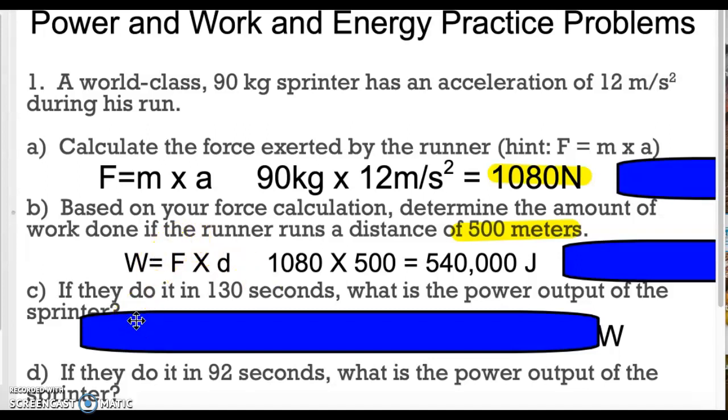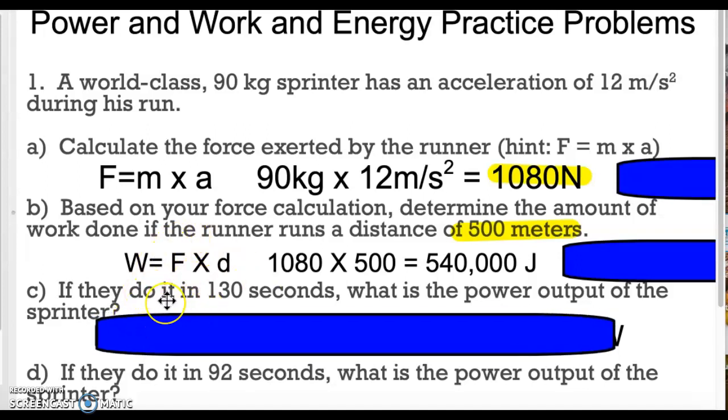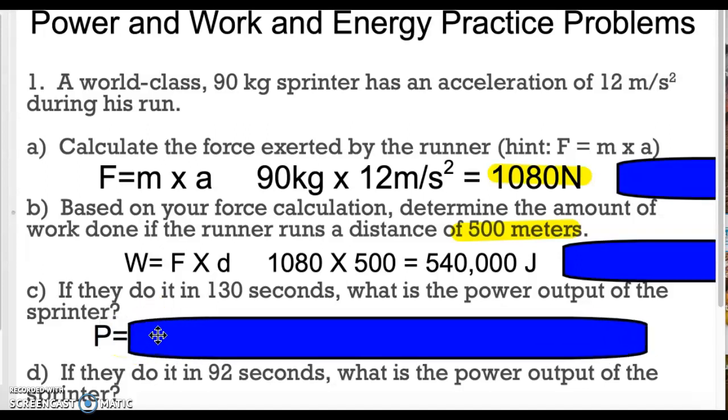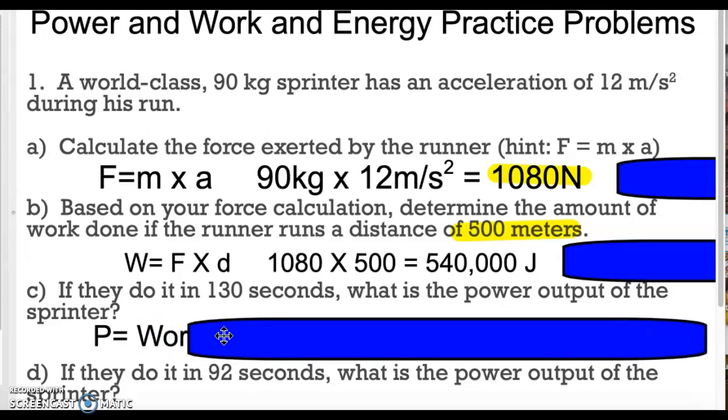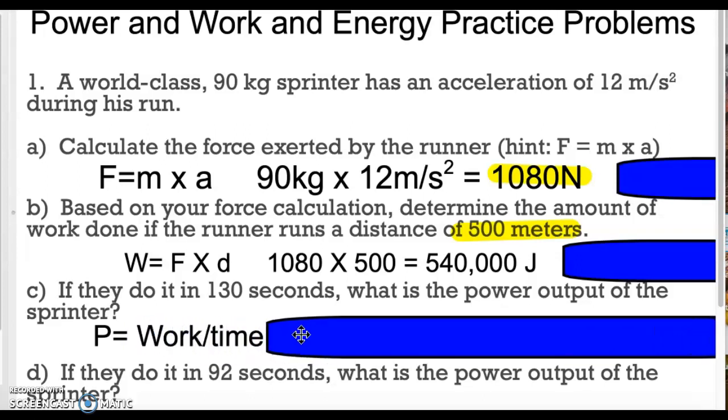All right, now it says if they do this in 130 seconds, what is the power output of the sprinter? How much power is the sprinter exerting? We have to remember the formula: power equals work divided by time.